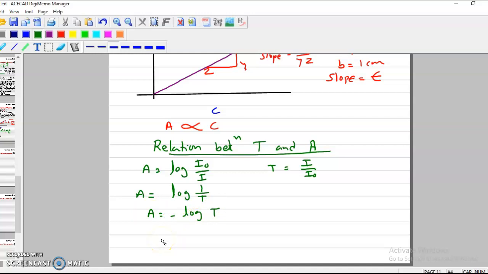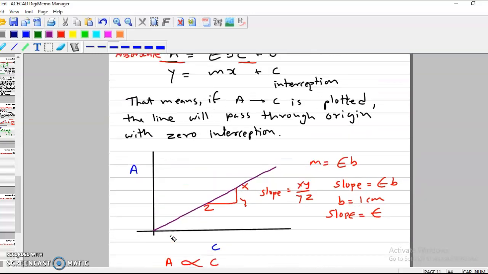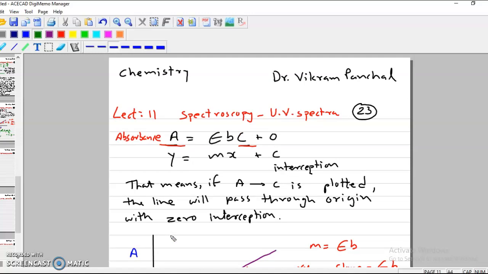If percentage transmittance is given, then percentage transmittance is equal to I upon I0 into 100. From this we can find the relation between A and percentage transmittance also.